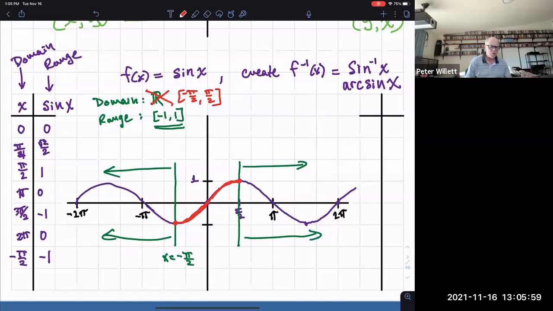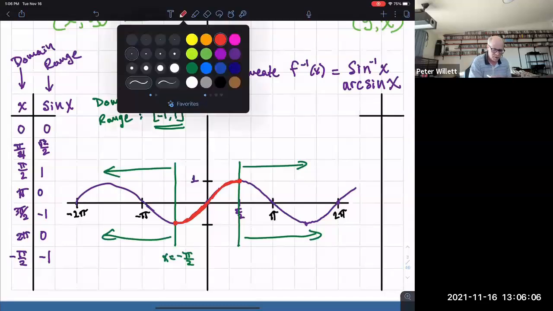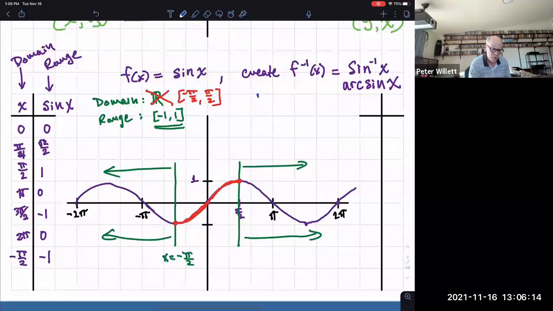So the thing to remember about an inverse is that when we make this inverse, let's say I use blue for that, for the inverse, the domain of the inverse is the range of the original function, and the range of the inverse is the domain of the original function, because we're switching all the X and Y values.